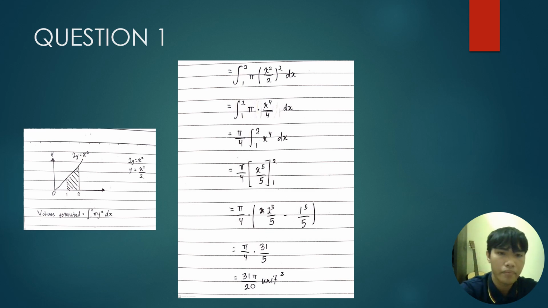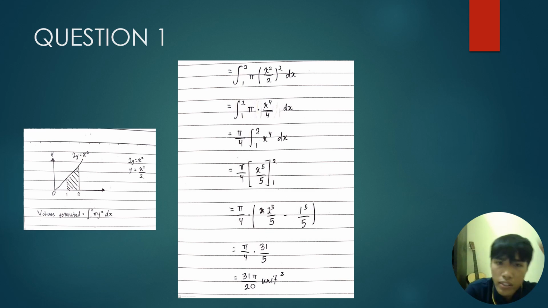First thing we do is to find y. So we got y equals x squared over 2. So we put the y we got into the volume equation. So we got integrate 1 to 2 of pi (x squared over 2) squared dx.